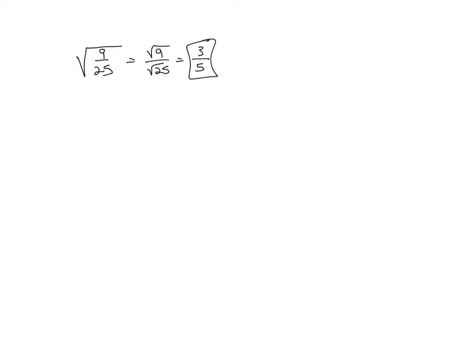Okay, you could have the square root of 10 over the square root of 49. There is no square root of 10, and the square root of 49 is 7.